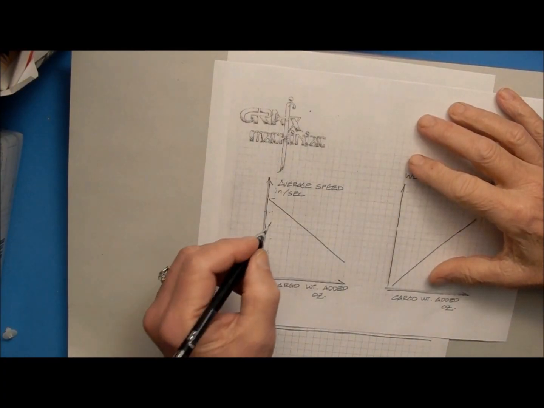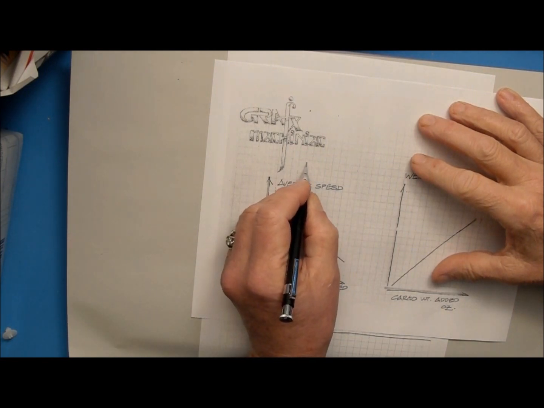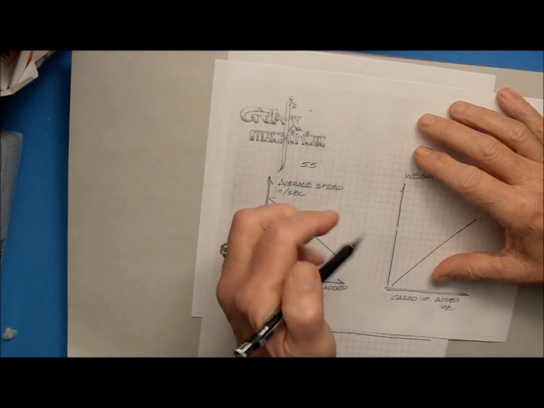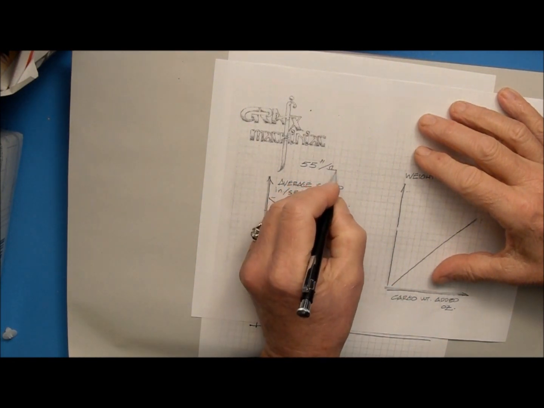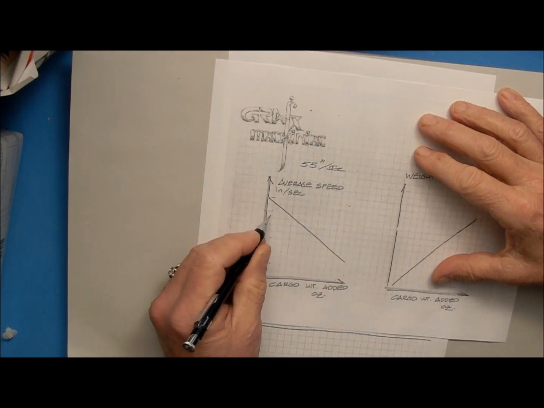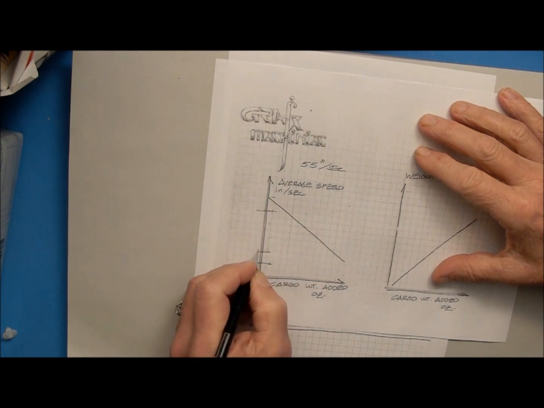No magic to this in finding a scale. When we had done our data, we had about 55 inches per second was the average speed of the car. And so here, 2, 4, 6, 8, 10. If we make that 50, then each one of these marks I've just marked off is 10.